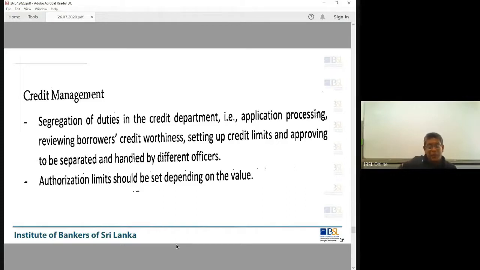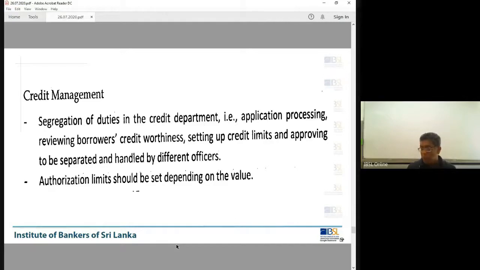Application processing, reviewing the borrower's creditworthiness, setting up credit limits, approving the credits, and the legal aspect are done by different people. Thereby you are controlling credits, right?